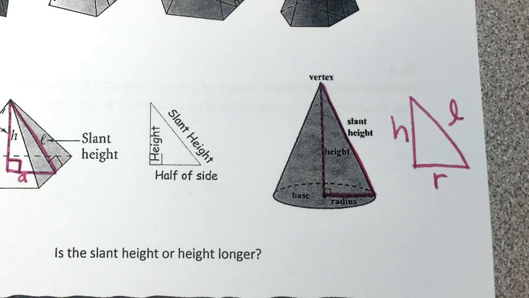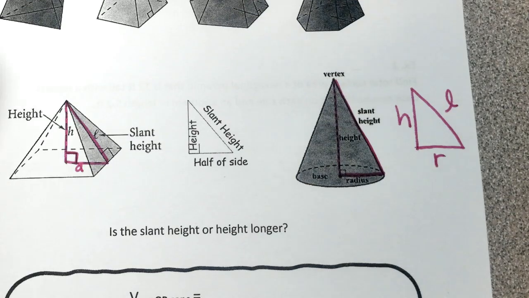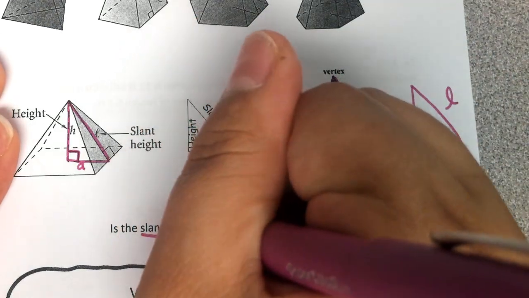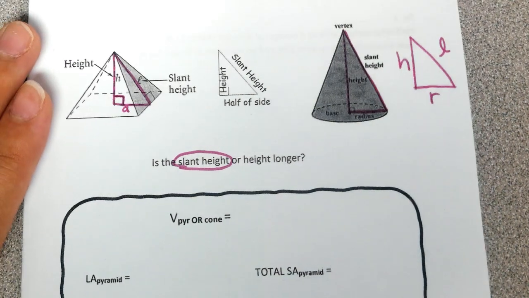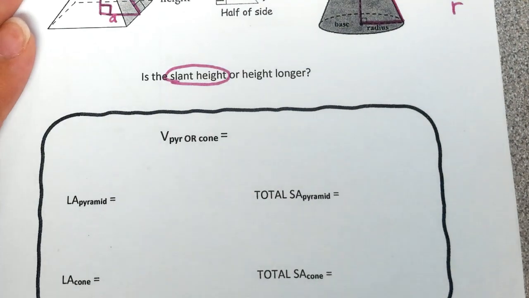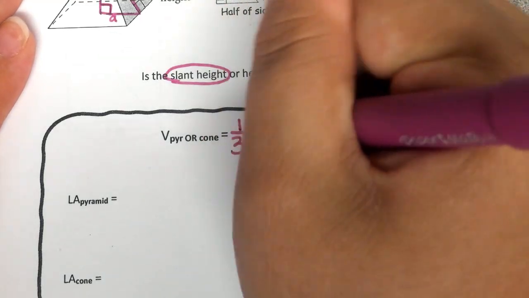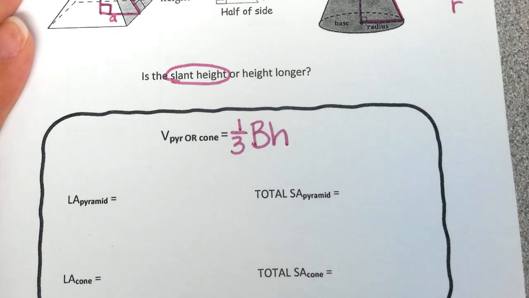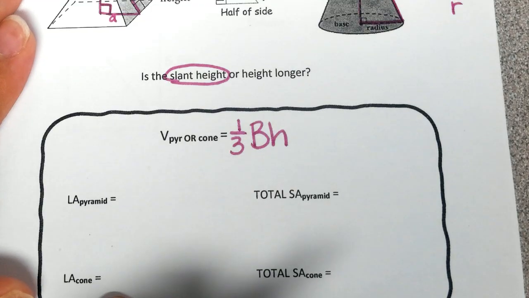Okay, which is longer, the slant height or the height? The slant height. Why? Because it's the hypotenuse. Okay? These next three equations I'm going to give you and want you to have memorized. The volume of a pyramid or a cone is 1/3 big B H. What does big B stand for again? Area of the base. And H stands for? Height. Okay. We all okay with that?